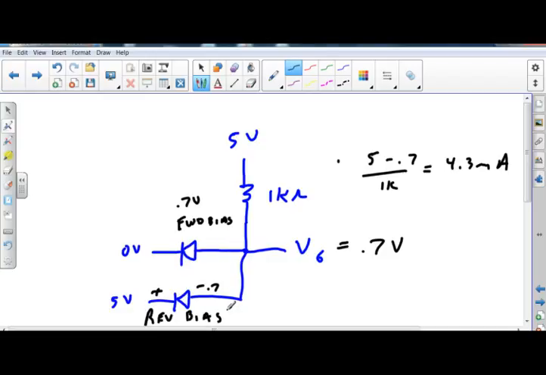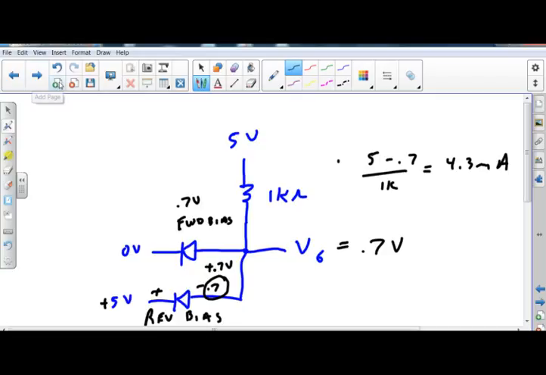It's not part of the problem at all. Because this side's positive compared to this side, which is negative. Even though this is positive 0.7 volts, in comparison to the plus 5 volts, this side is positive, that side is negative. The diode is reverse biased.